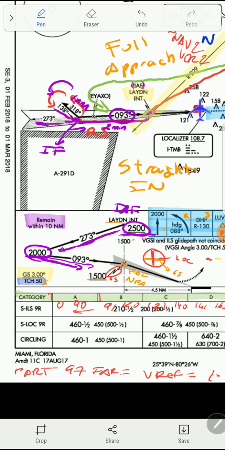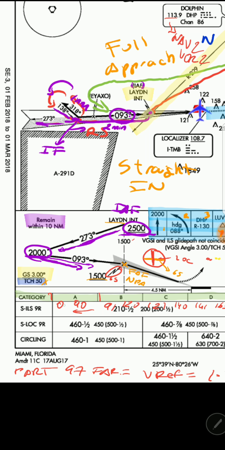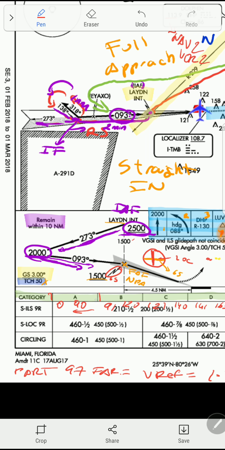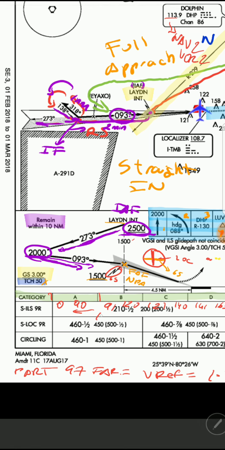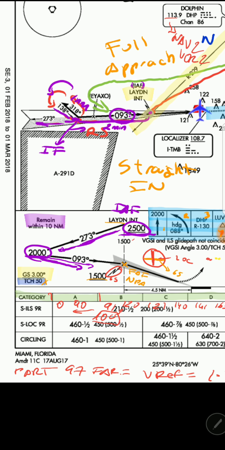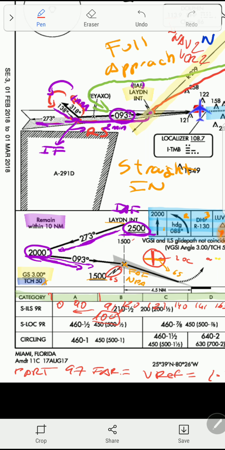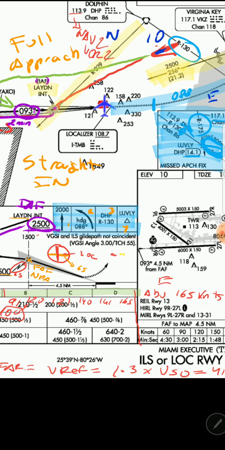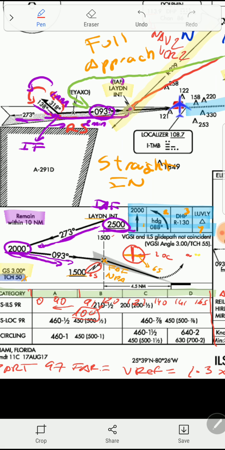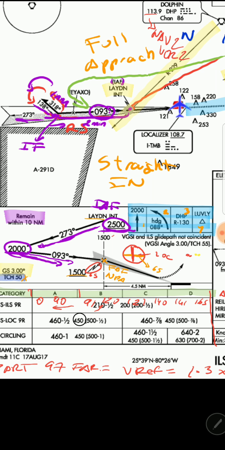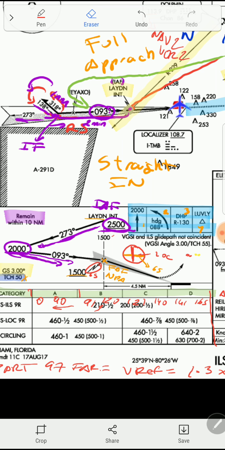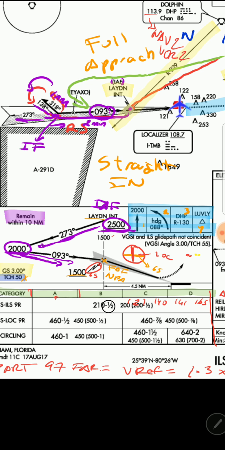However, if you're in a hurry or you decided to go faster than this, and for some reason your approach speed reaches, let's say, 100 knots, now you have to take category B minimums. Even though your VREF is 50-something, you have to take the category B minimums just because you were approaching too fast. Okay? Any question? No.